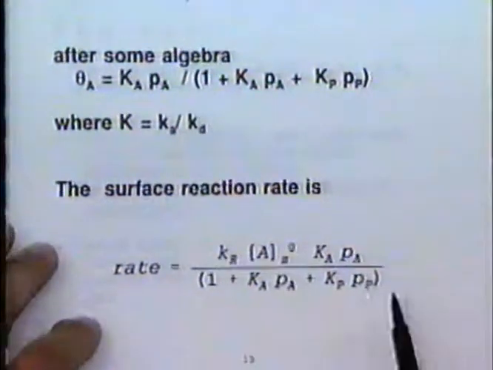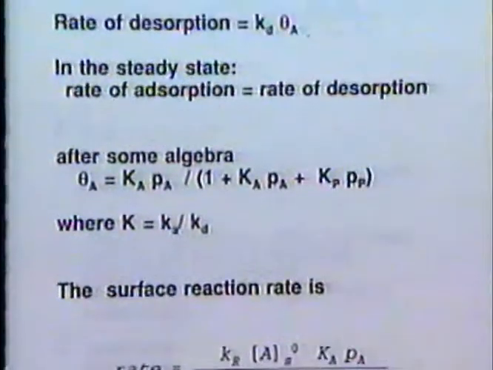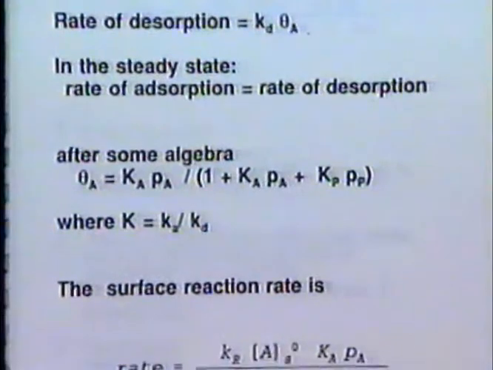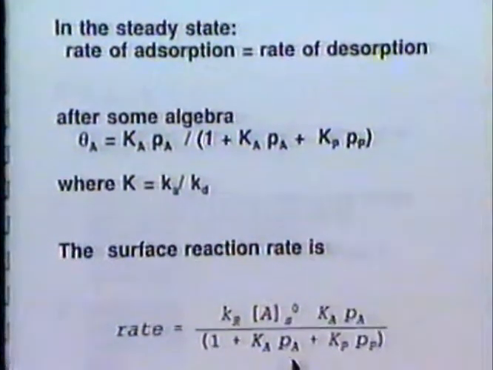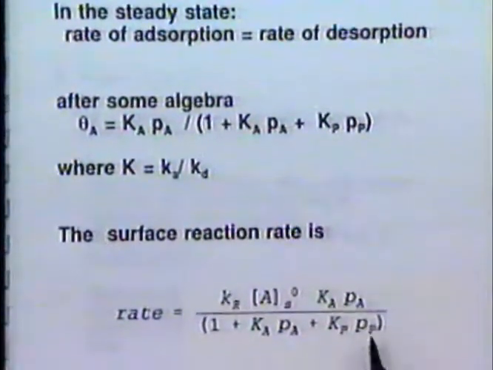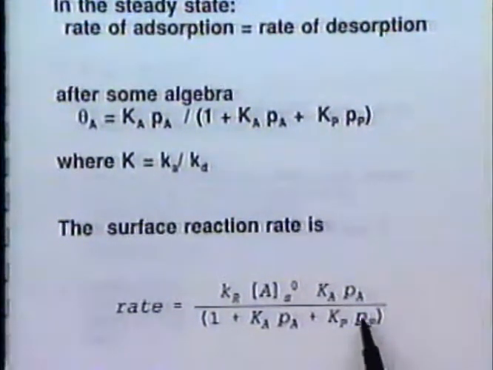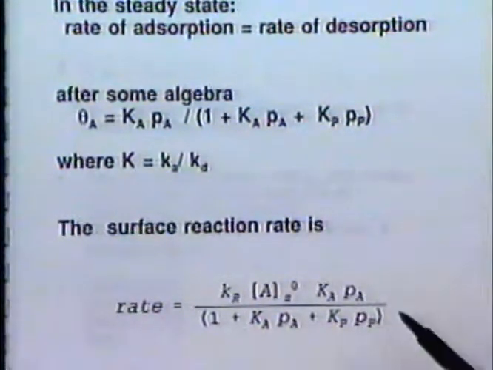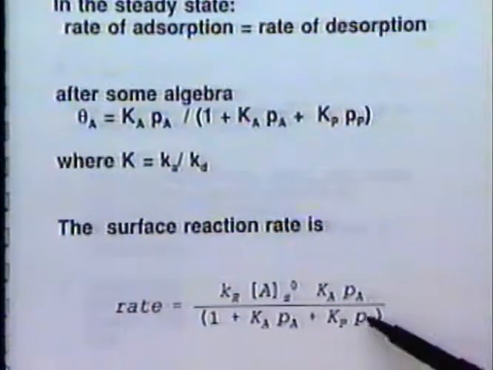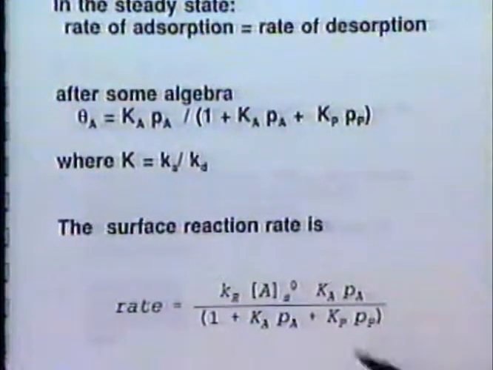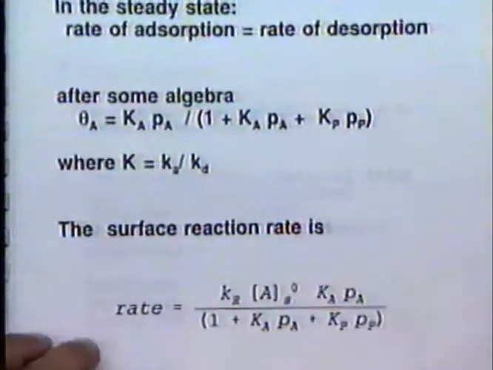So here we can see that if the partial pressure of the product is too high, or the equilibrium constant for adsorption of products is too high, the products may reduce the rate of reaction. I mean, as we build up products, the reaction rate may be reduced by the presence of these products that occupy sites on the surface of the catalyst.